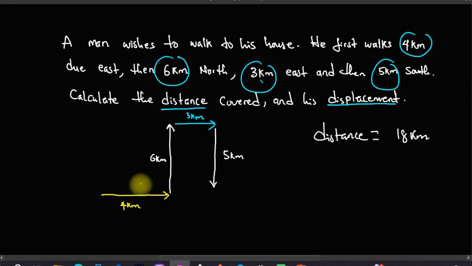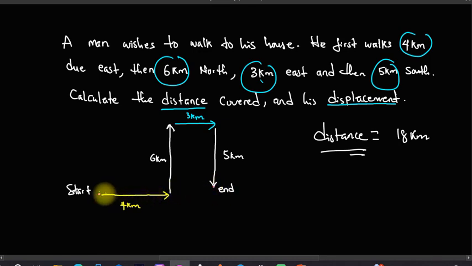So the question is asking, what is this displacement? This was the start position, and this was where he ended. We already calculated the distance, how much ground covered: 4 plus 6 plus 3 plus 5 kilometers, 18 kilometers total. But the displacement, however, is going to be in a particular direction, a straight line drawn from the starting point to the end position.